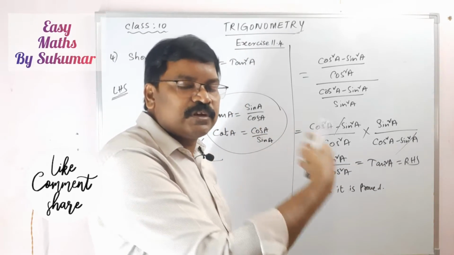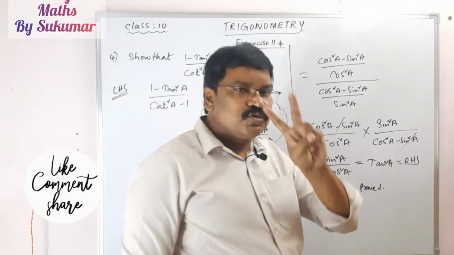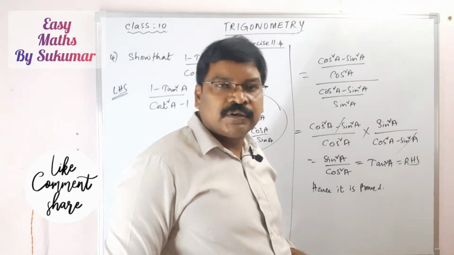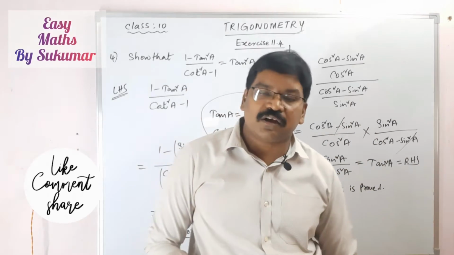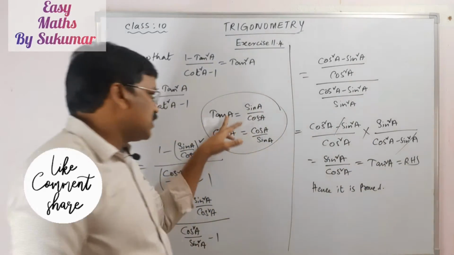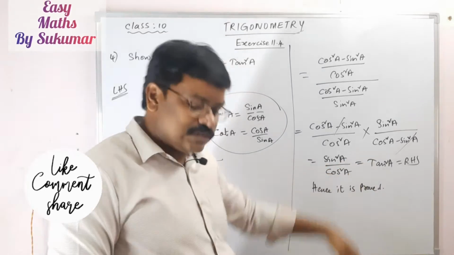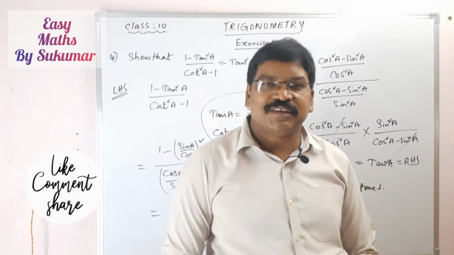First fraction into the reciprocal of second fraction when the two fractions are like this. So here both get cancelled. That is sin square A by cos square A, that is equal to sin by cos means tan. Here squares are there, so it is tan square A.